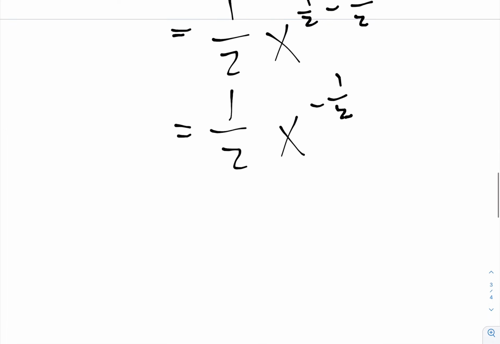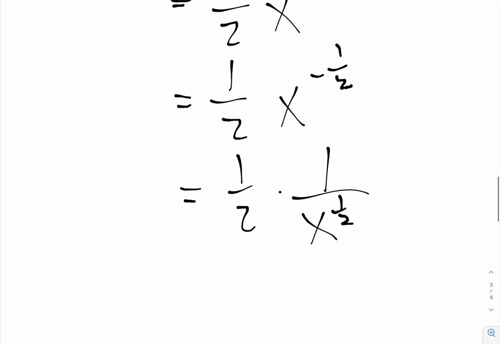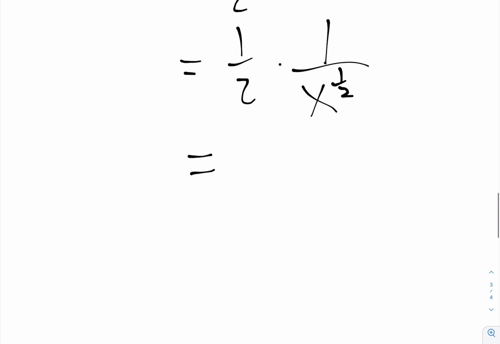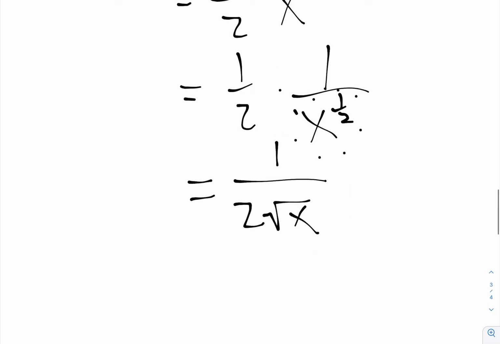And remember, if we want to make this negative exponent positive, we just make it a fraction. So 1 half times 1 over x to the positive version of the exponent we had. So this is 1 over 2 root x, because remember, x to the 1 half is just the square root of x. So the derivative of the square root of x is 1 half times 1 over root x, so 1 over 2 root x.